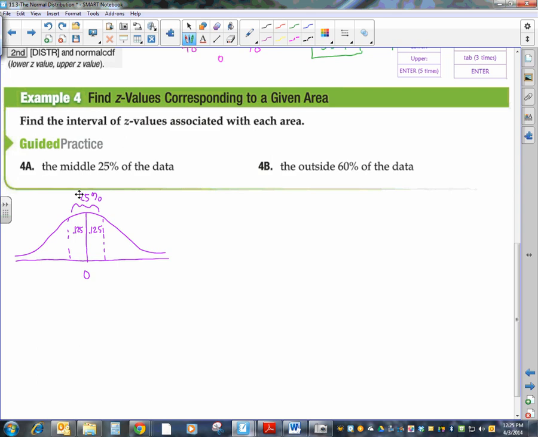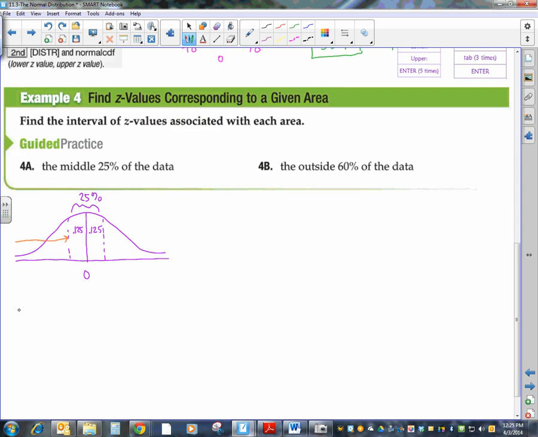Okay, so in my chart, that means that from here, because the chart's always given us this number, if this is 0.125, then from here to that point is, remember this is just half of it.